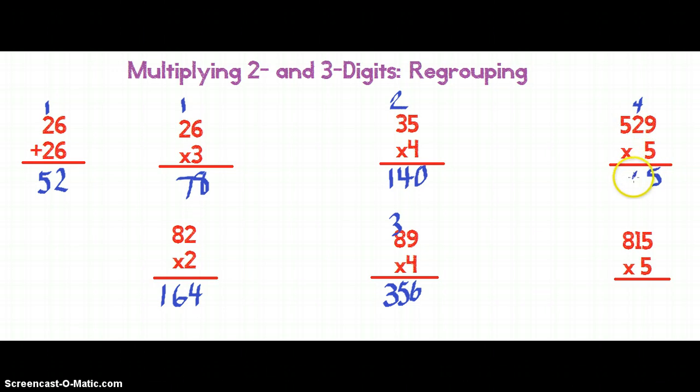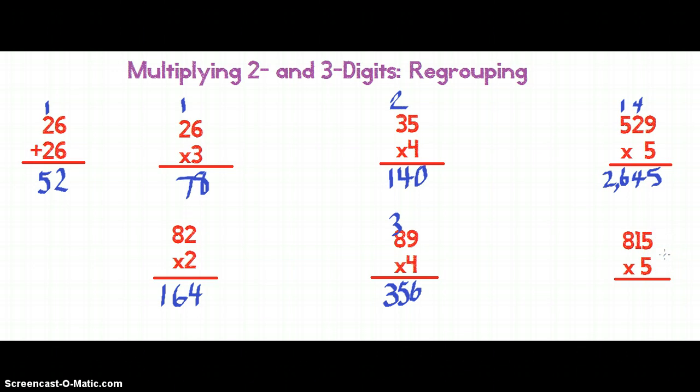So I write down my ones and carry my 1 here. 5 times 5 is 25, plus 1 more equals 26. So 529 times 5 is 2,645.